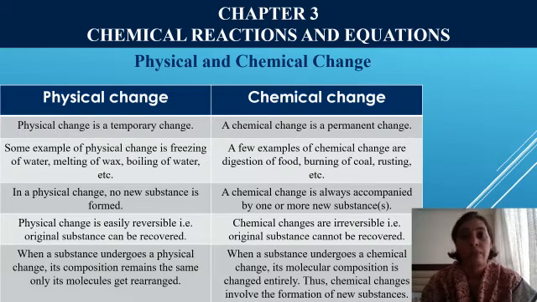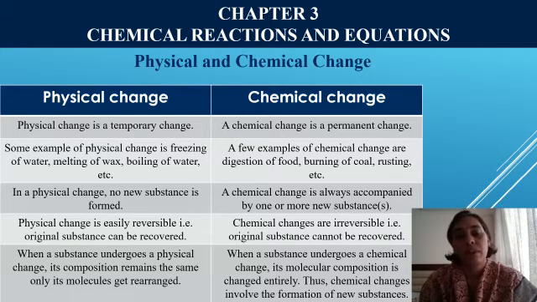So whenever an element combines with other element or elements, it results in the formation of a new compound, and these new compounds will have different types of bonds between the atoms of the elements, and these bonds are chemical bonds. So chemical bond is formed between the new substances.